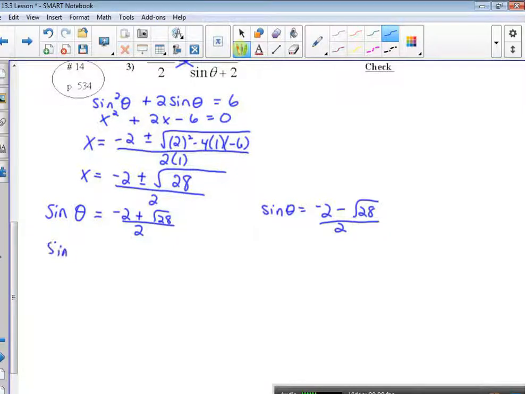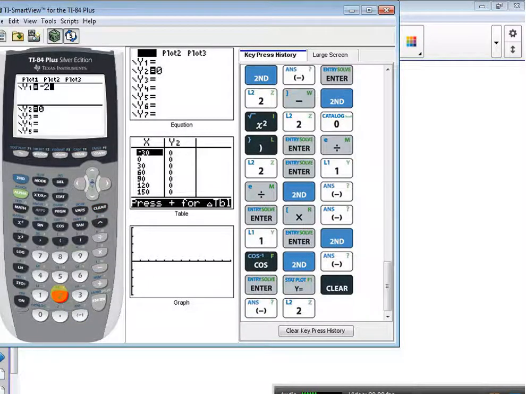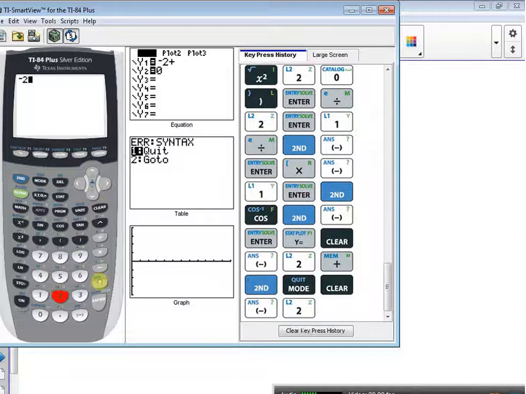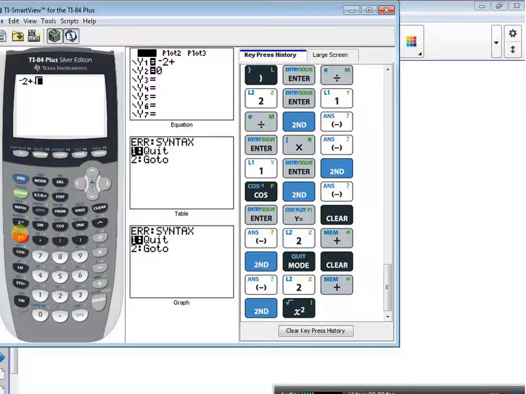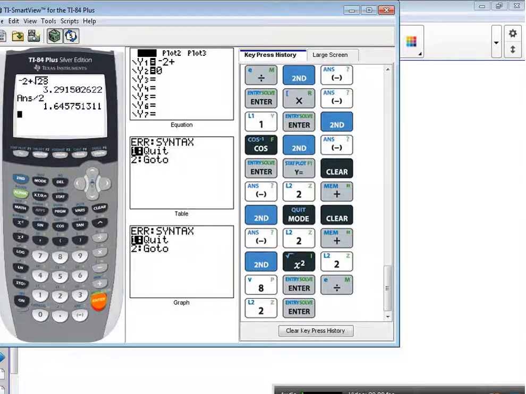So sine theta is going to be this decimal. So I'm going to get that. So negative 2 plus square root 28 divided by 2 is 1.645.